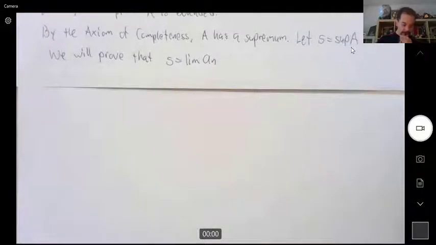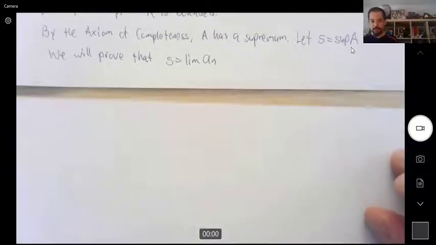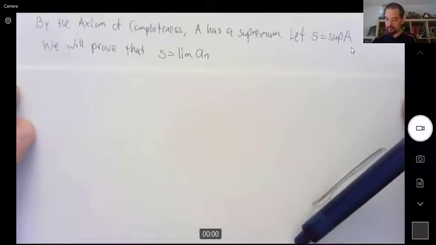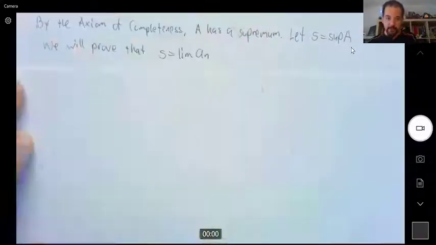Okay. How do we do that? Well, we do it according to the definition, right? We pick an arbitrary epsilon and we show that we can make the a_n and the S be within epsilon for n sufficiently large, right? So that's what we're going to do. And here's how we're going to do it. It's actually quite easy. So we start by picking an epsilon.